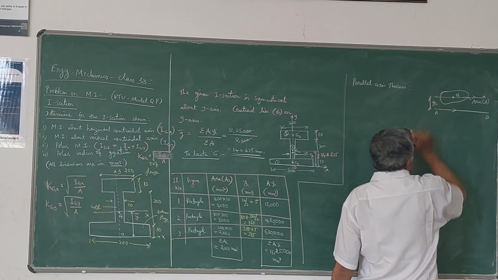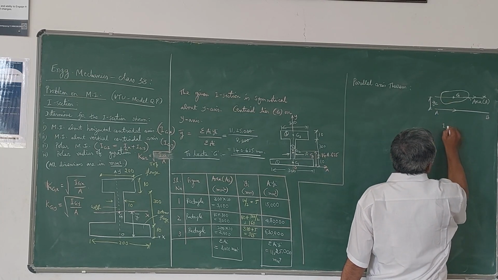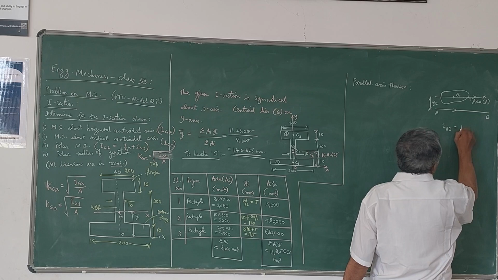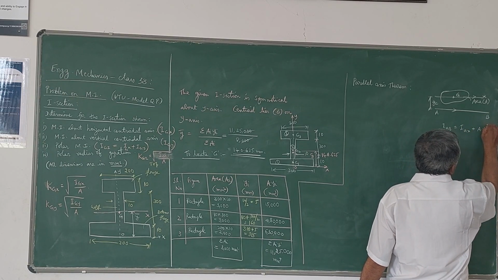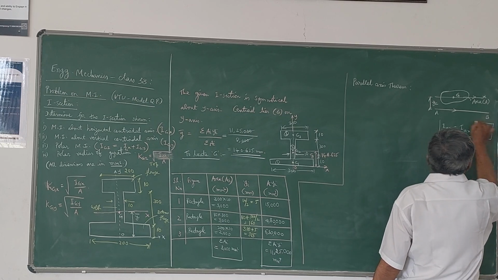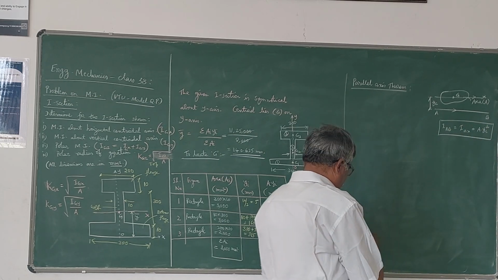The distance between these two parallel axes is yc. So if you want IAB, IAB is equal to IGX plus A into yc square. So this is the parallel axis theorem which we are going to use here to compute the moment of inertia.